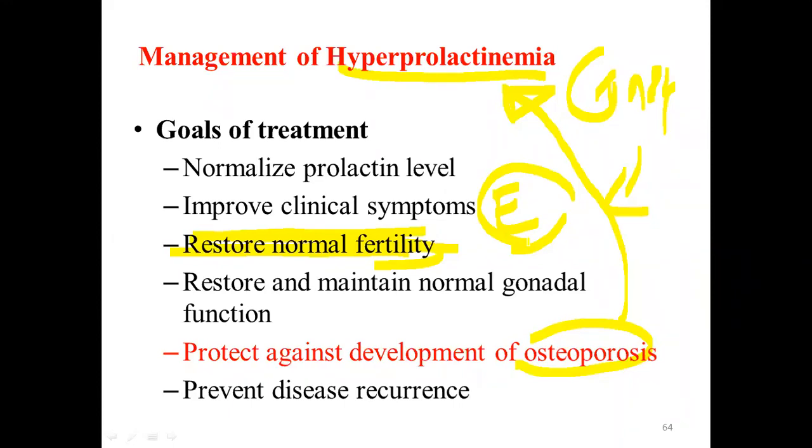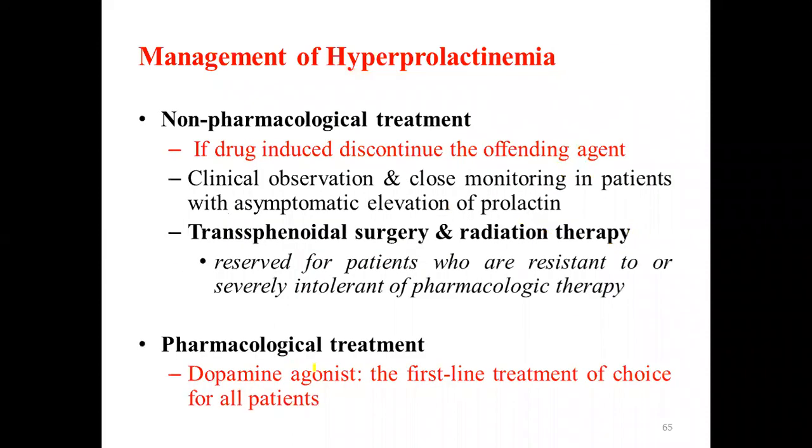The net effect of estrogen is bone formation. So if estrogen production is suppressed, the probability of having osteoporosis is very high. Because of this, protecting against the development of osteoporosis is another treatment goal.